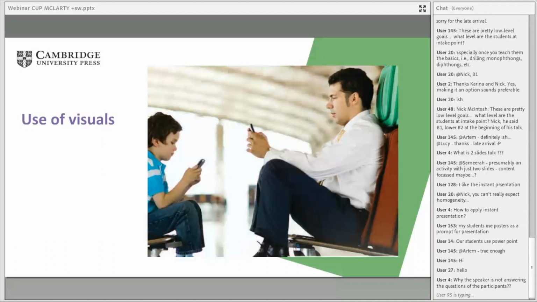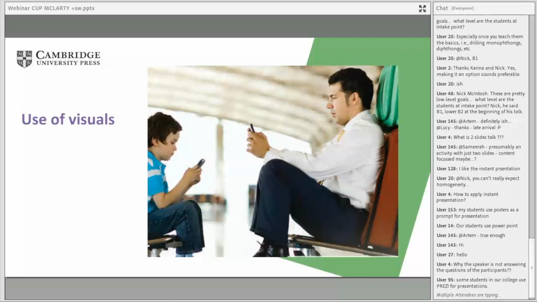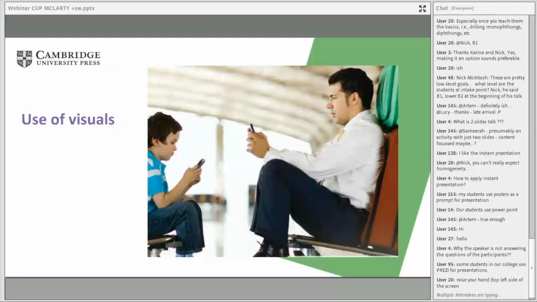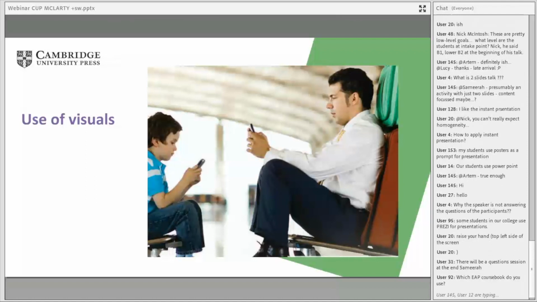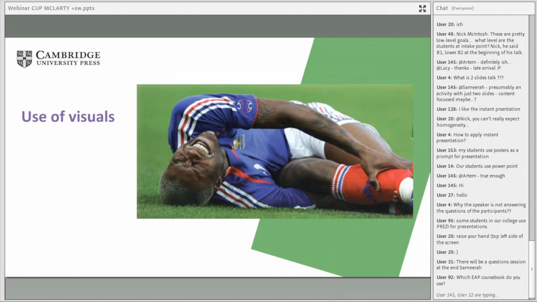This is an example of just a big picture, which allows our students to begin to think about the concept of communication. Father and son sitting in an airport, both with their mobiles out, both probably doing different things. But again, it's a nice springboard into a discussion where students can bring their own knowledge of the world, their own knowledge of communications, their own knowledge of gadgets into the activity.